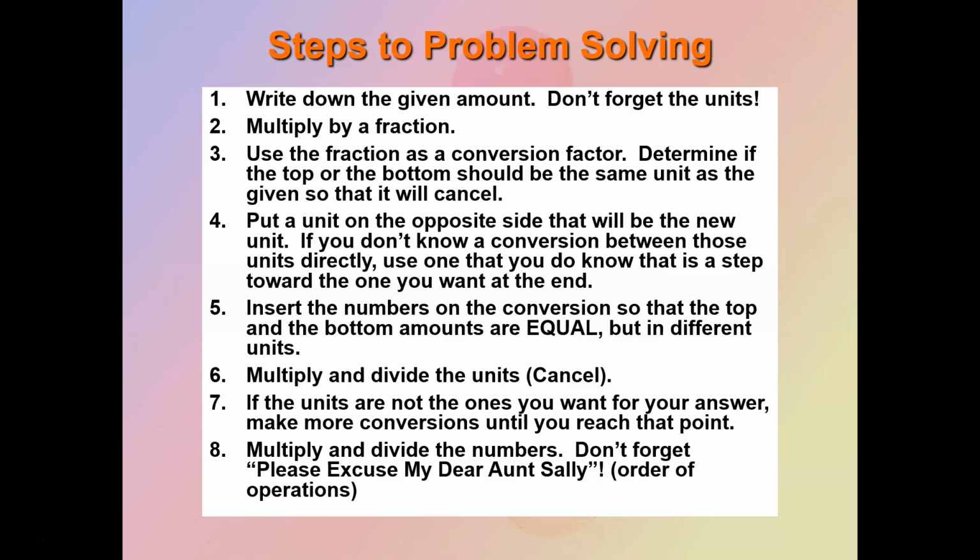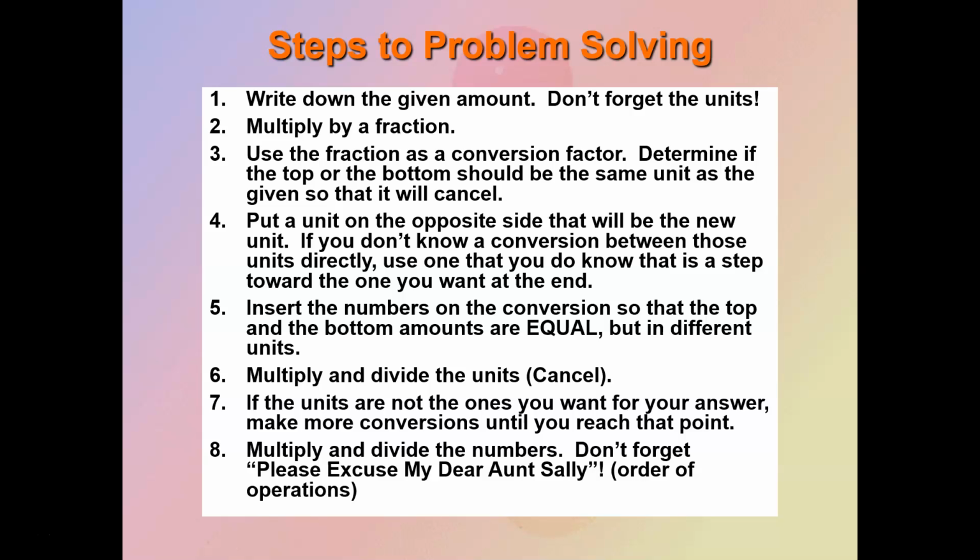If you don't know a conversion between those units directly, use one that will get you a step towards it. You might only need one conversion factor, but sometimes you need more than one conversion factor to make it work. Insert the numbers on the conversion so that the top and bottom amounts are equal, but in different units, once again, like 1 hour and 60 minutes.